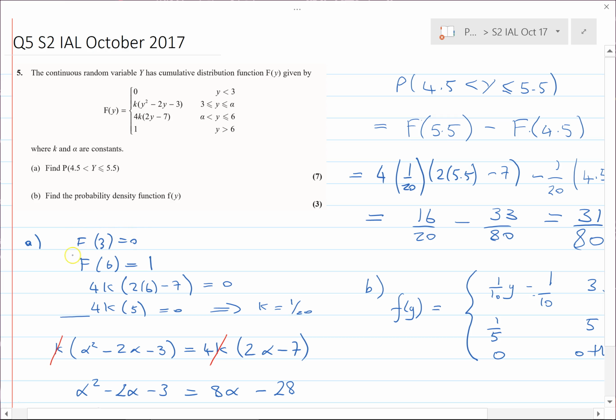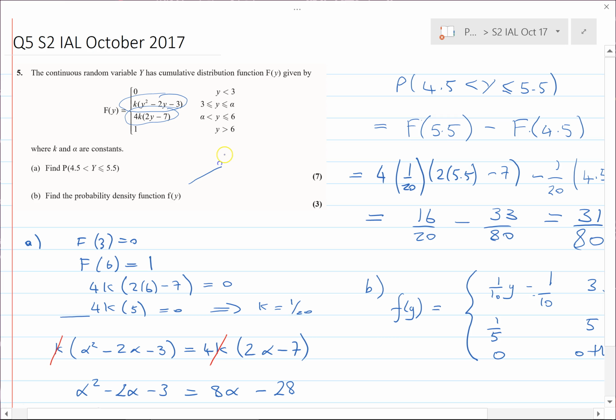So we use F of 6 is equal to 1. If we put F of 6 equal to 1, we get k is 1 over 20. And to work out alpha, we use the fact that these two have to be equal for whatever the value of alpha is, because the cumulative function has to be continuous.